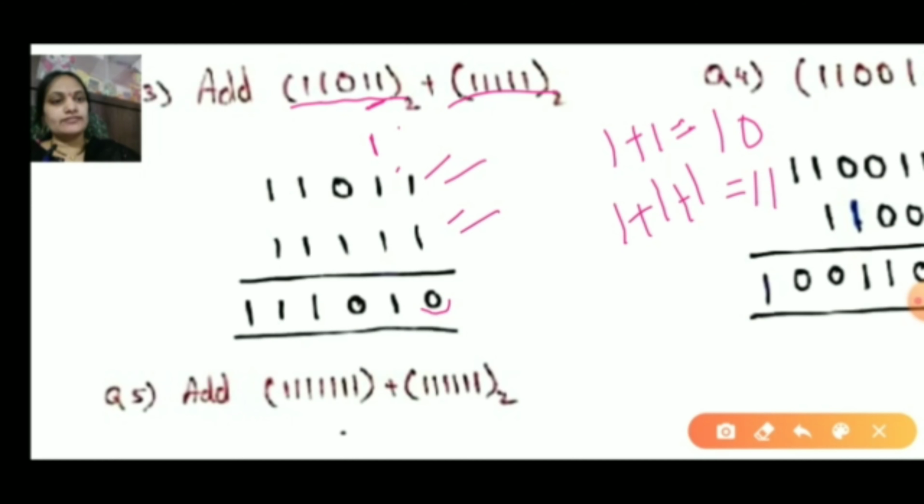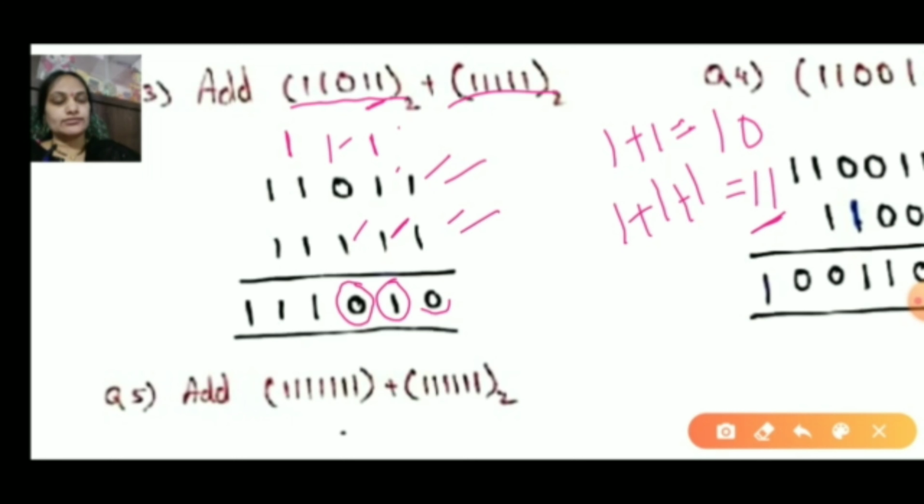Now you have to add 1 plus 1 plus 1. Okay. 3 ones are coming here. 3 ones means again 1 1. You write 1 here and 1 on the top of the 0. Now add this 1 and 1. Again 1 plus 1 is 1 0. Okay. So you have to write the right digit here and the left digit on the top of 1.